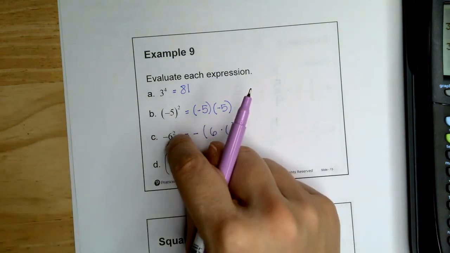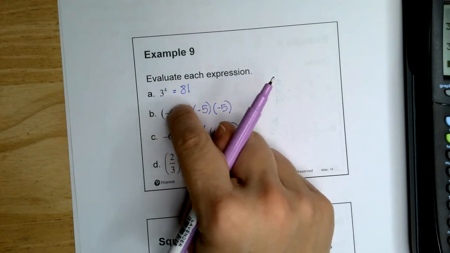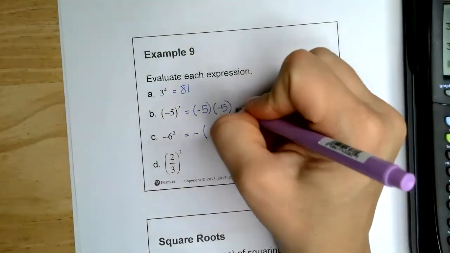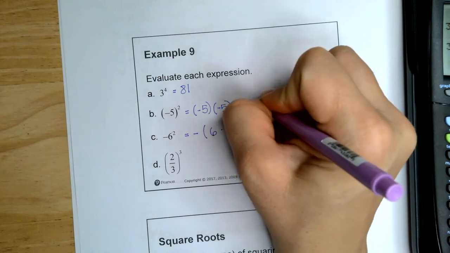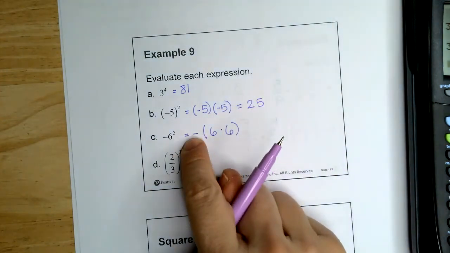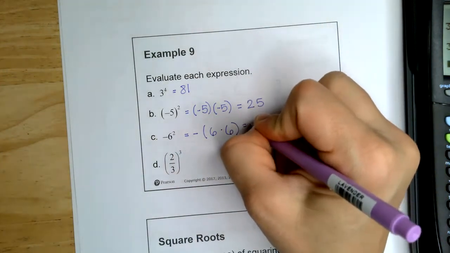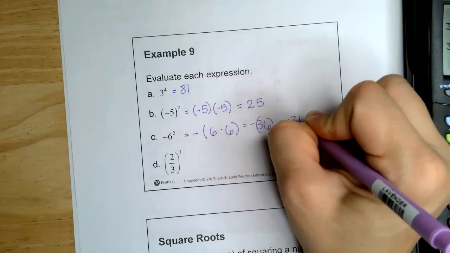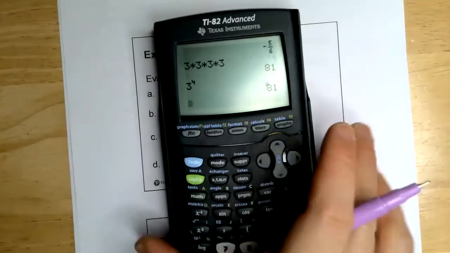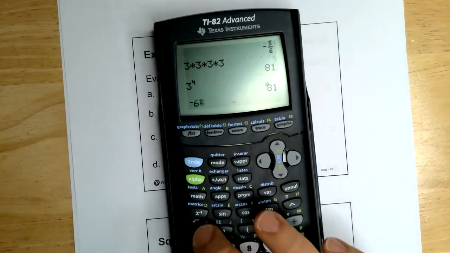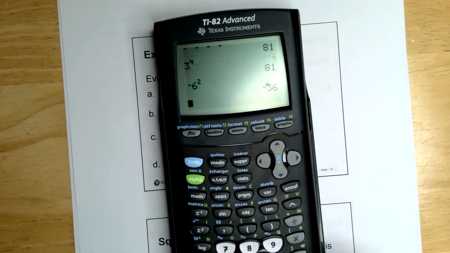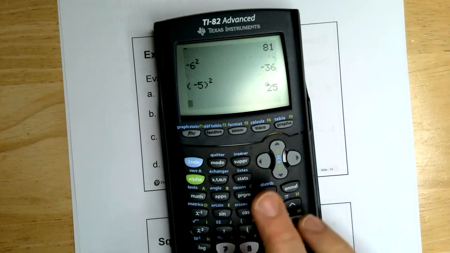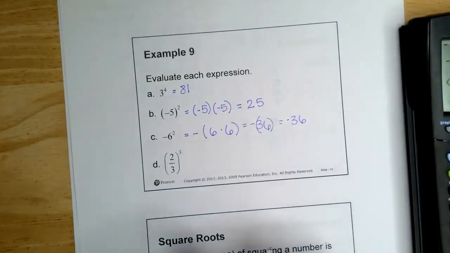So here the exponent only applied to the closest term. Here the exponent applied to everything in the parentheses. So -5 times -5 is 25, whereas -6 times 6 is -36. See the difference? With or without the parentheses is the difference.